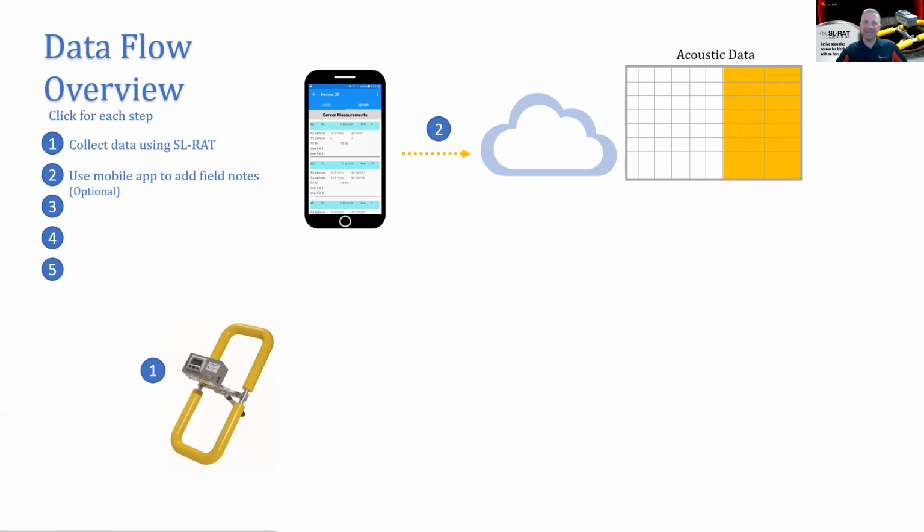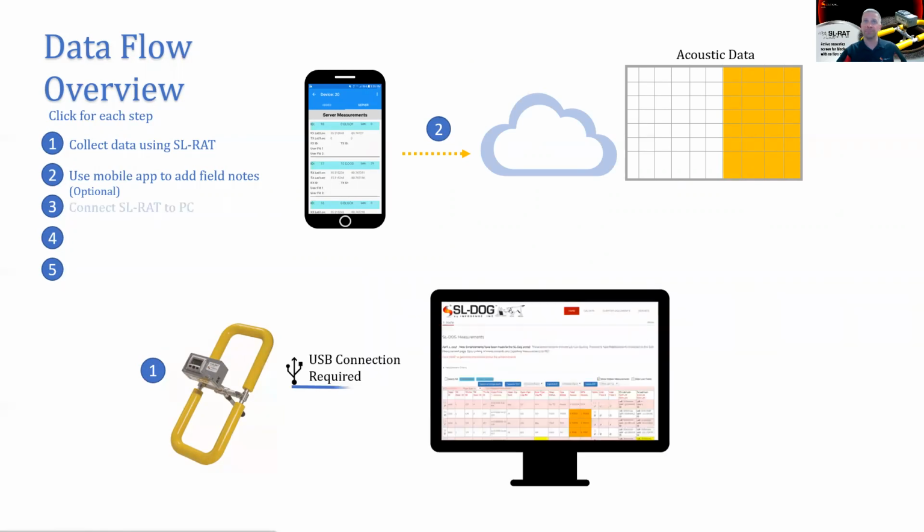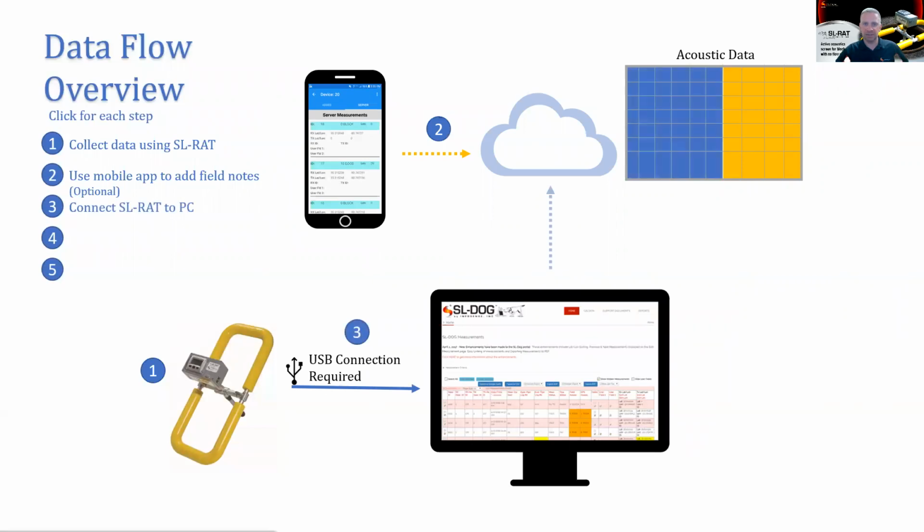The cloud-based infrastructure will marry this app data with your SLRAT data when you complete step 3, which is to connect the SLRAT to a computer and upload the field measurements to the cloud. The app data from your mobile device and the SLRAT are merged using a measurement ID number, so it is critical that you make sure the measurements done in the field correspond correctly with the data collected in the app.